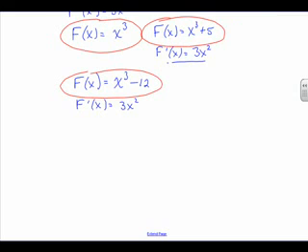So these things that I've circled in red are examples of antiderivatives of our function f of x that we were given to begin with, which was 3x squared.